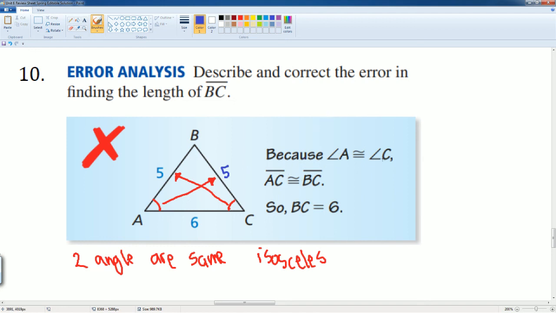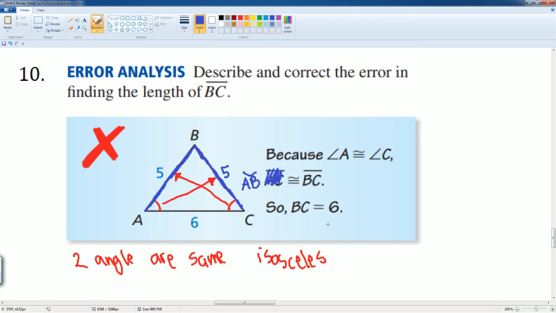Angle A does equal angle C. Therefore, line AC, which is this one, no, that's wrong. AC is down here. Do you see how AC is down here? So that's wrong. It is equal to BC. So BC is right here. AB is equal to it. So this should be crossed out. It should be line AB is equal to BC.